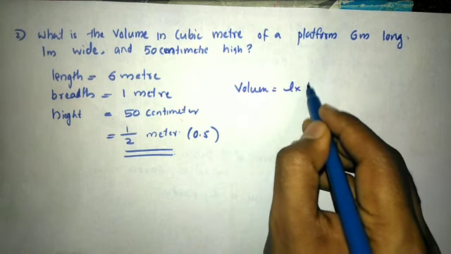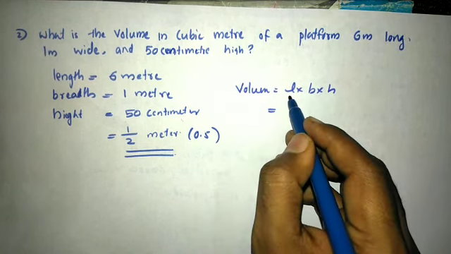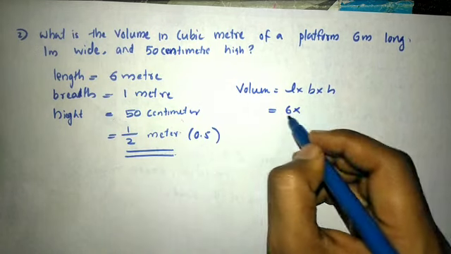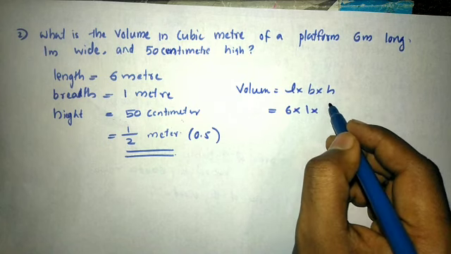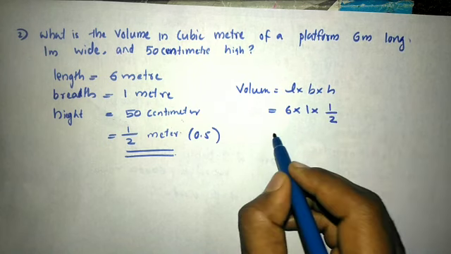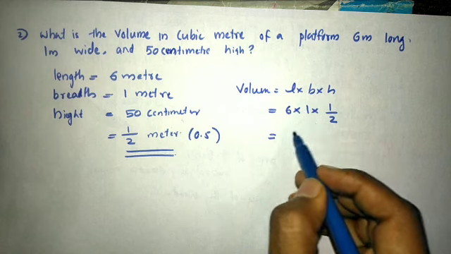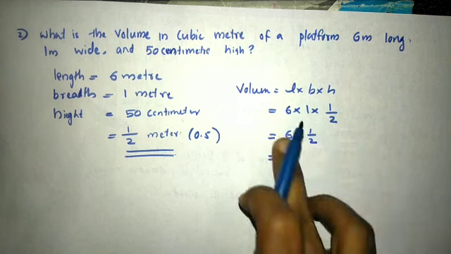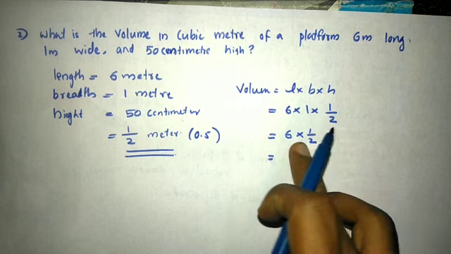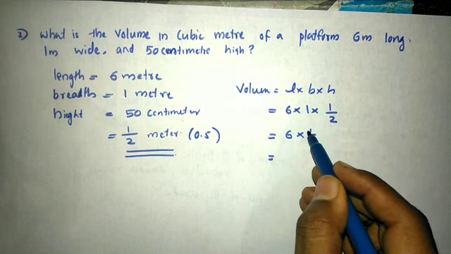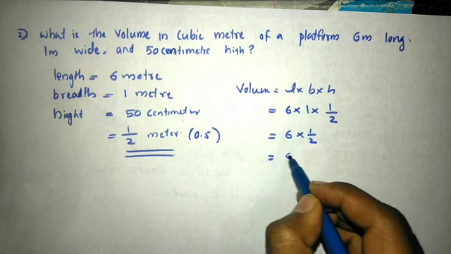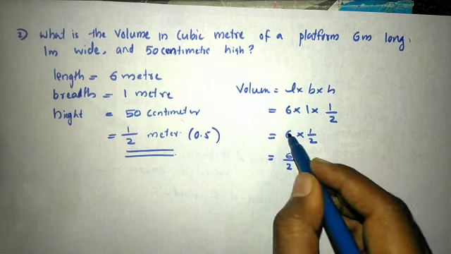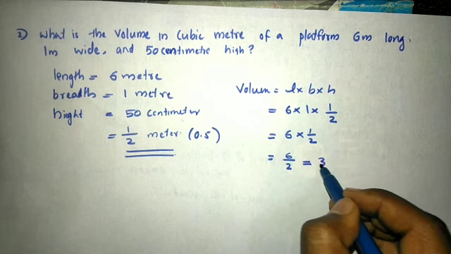Volume equals L into B into H, which is 6 meter length, 6 into breadth 1 meter into height half meter. 6 into 1 by 2 means 6 by 2. 6 divided by 2, the answer is 3.